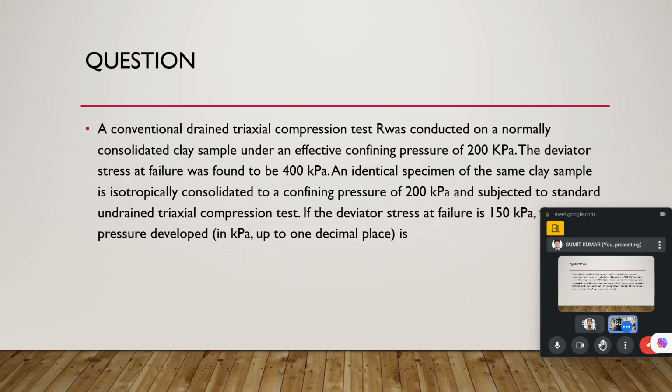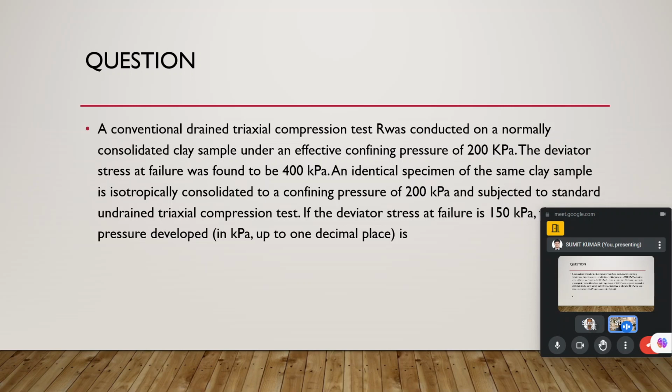Okay, so let's start. First of all, this is the problem. The question states that a conventional drained triaxial compression test was conducted on a normally consolidated clay sample under an effective confining pressure of 200 kilopascal. The deviatoric stress at failure was found to be 400 kilopascal.